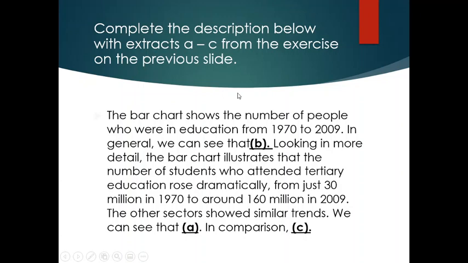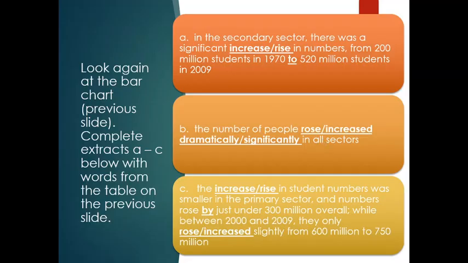The bar chart shows the number of people who were in education from 1970 to 2009. In general, we can see that, so the answer is B. The number of people rose dramatically in all sectors.